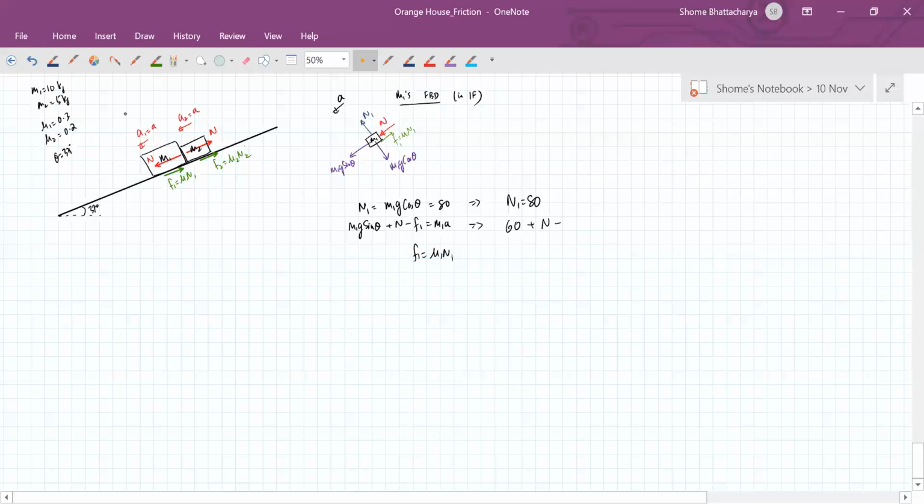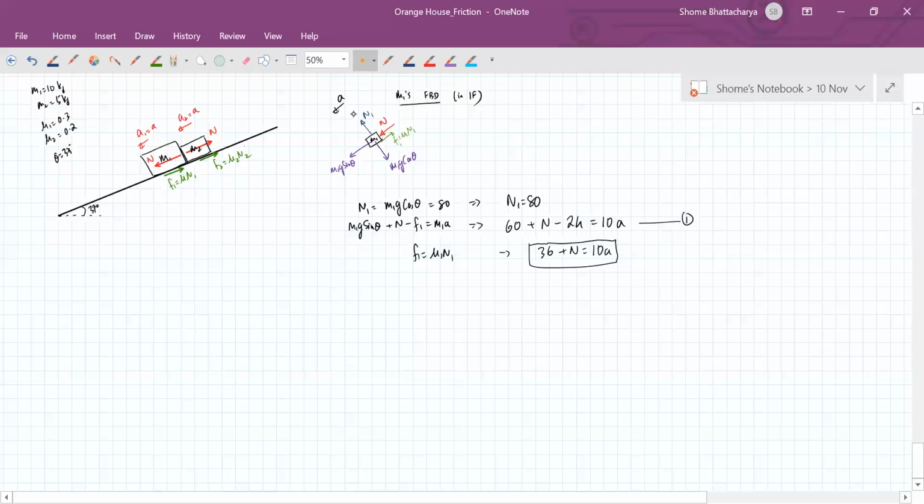So mu1 is 0.3, N1 is 80, so 24, is equal to 10a. So this is our first important equation, that is 36 plus N is equal to 10a.